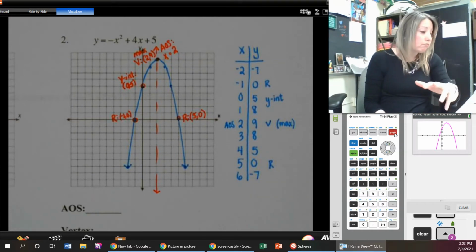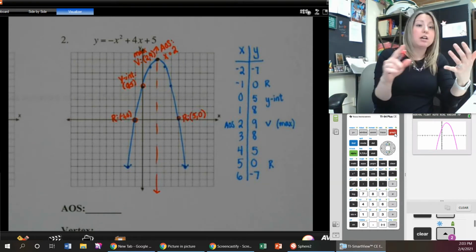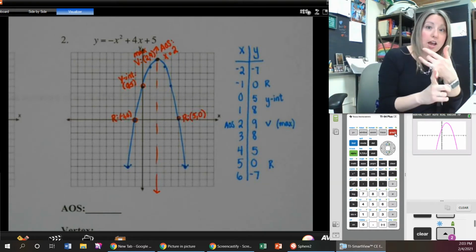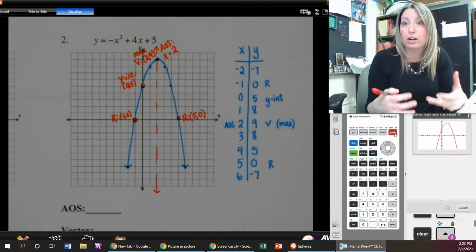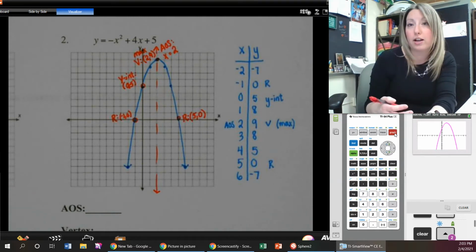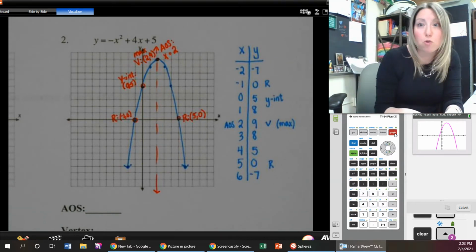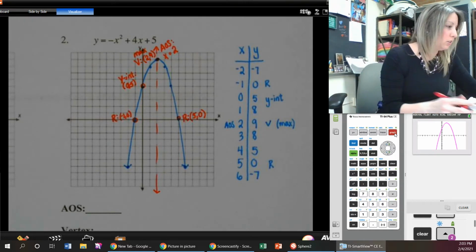Now, in your Google form, the next thing I'm going to ask for is to state the equation of the axis of symmetry and state the vertex, and you've got to make sure those are in the correct form. I am going to mark you wrong if they're not. x equals for your axis of symmetry and point form for your vertex, okay? So just a heads up.